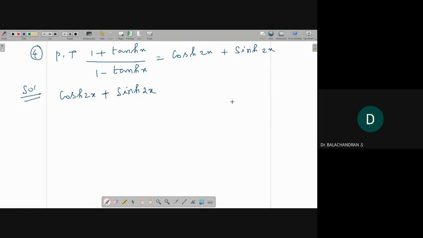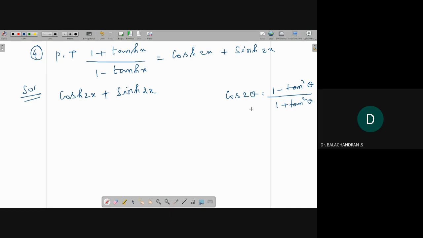Okay, first I will ask you, suppose you don't know cos h2x in terms of tan, first you should know what is cos 2 theta in terms of tan. So please tell. 1 minus tan square theta upon 1 plus tan square theta. Yes, if you know this formula, then you can get this formula.